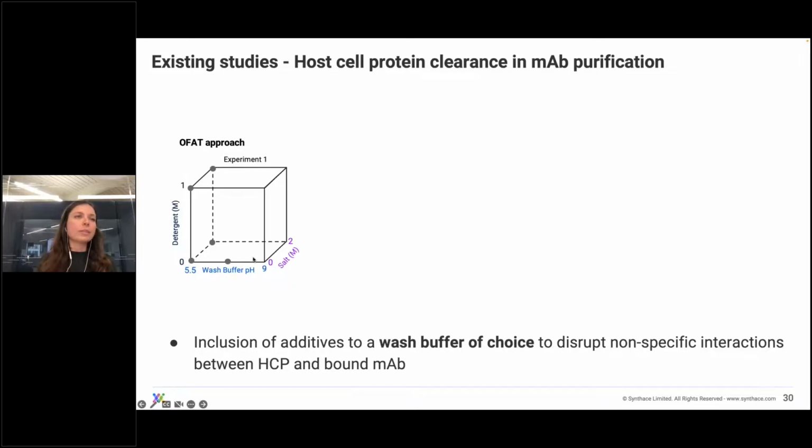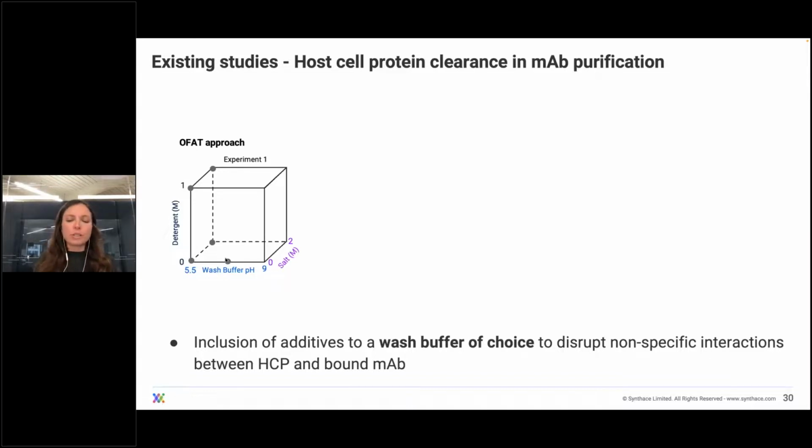And so you see in this example here, let's say they have chosen a wash buffer at pH 5. They would either add salt or maybe detergents or maybe both, and then include a control condition perhaps at a neutral pH, which in my example was PBS, for example.